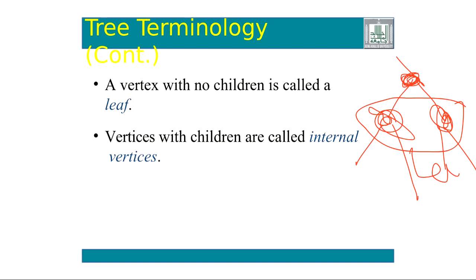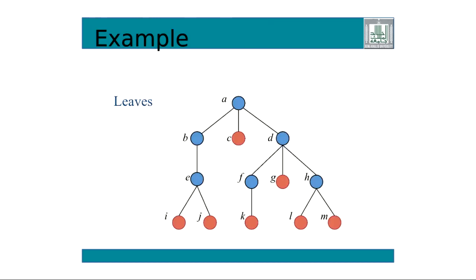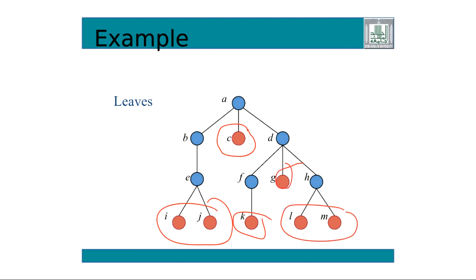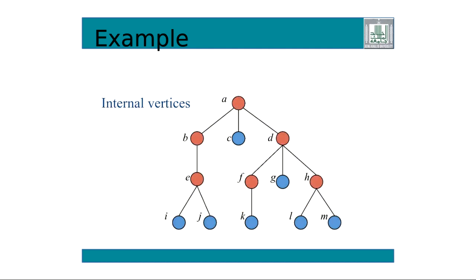Okay, then, see here, these are the leaves because there are no children for this. This is also a leaf, no children for this. This is also a leaf, this also a leaf, this also a leaf because no children, right? That's why we can say leaves. And internal vertices. Internal vertices means, see, this is the main parent and this is also a parent.